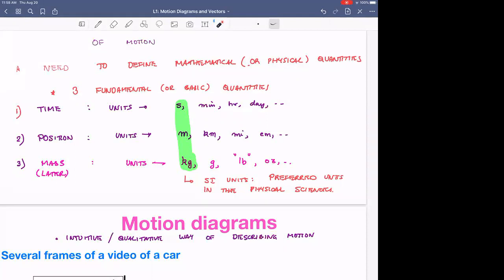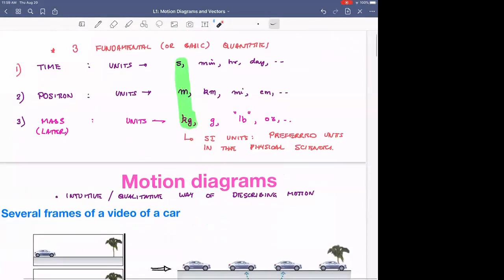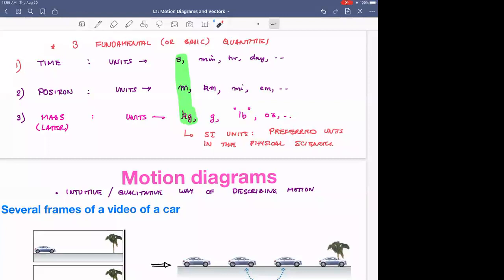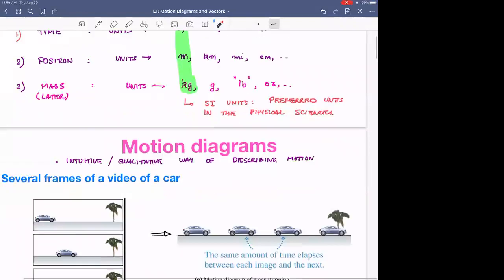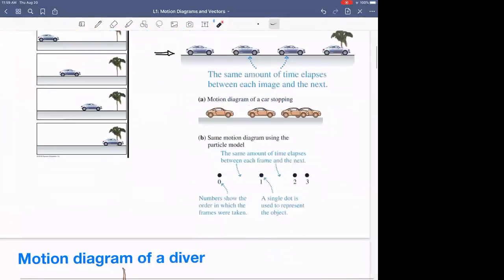Well, that's why we call these quantities the fundamental or basic quantities, because once you have them, the other physical quantities that we require to describe motion can all be built from them. So they are in some sense derived quantities. Speed is a derived quantity. Later on we'll talk about acceleration, again a derived quantity, and forces, again a derived quantity.